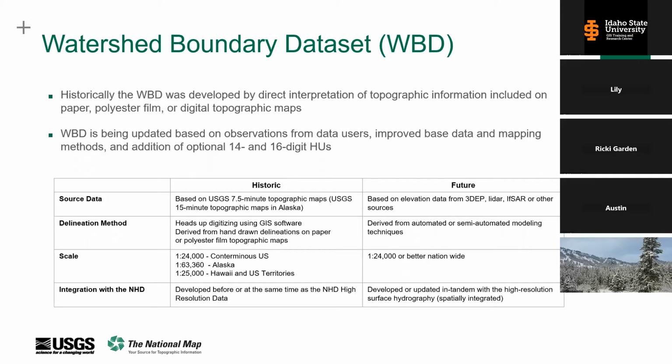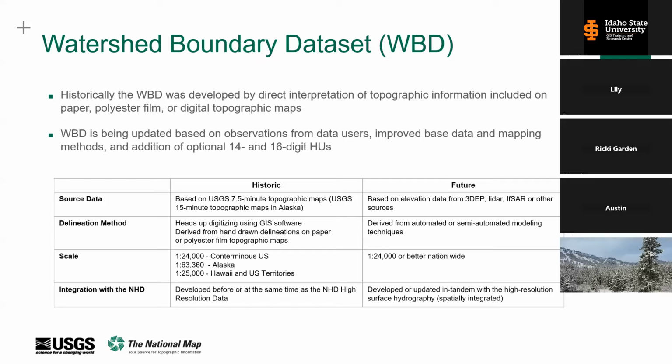Since the initial delineation of the WBD, we've worked with a variety of agencies and partners to really improve the boundaries with higher resolution base data. The WBD is a 1 to 24K scale or greater for CONUS, 1 to 25K scale for Hawaii and the US territories, and 1 to 63,360 or greater for Alaska.